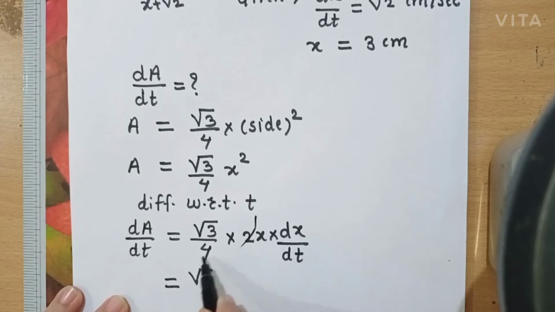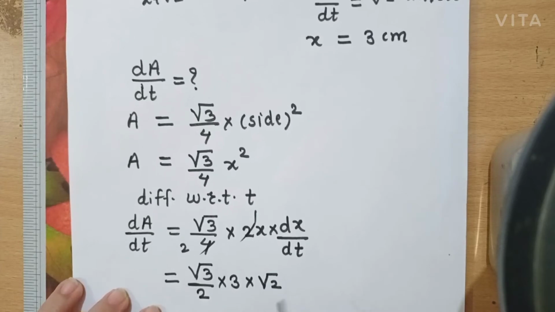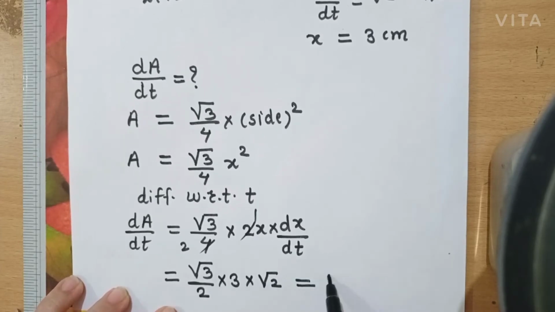Here you can cancel: 2 ones are 2, 2 twos are 4. So root 3 upon 2 into x, which means 3 root 2, and that is equal to 3 upon 2, and root 3 into root 2 means root 6.